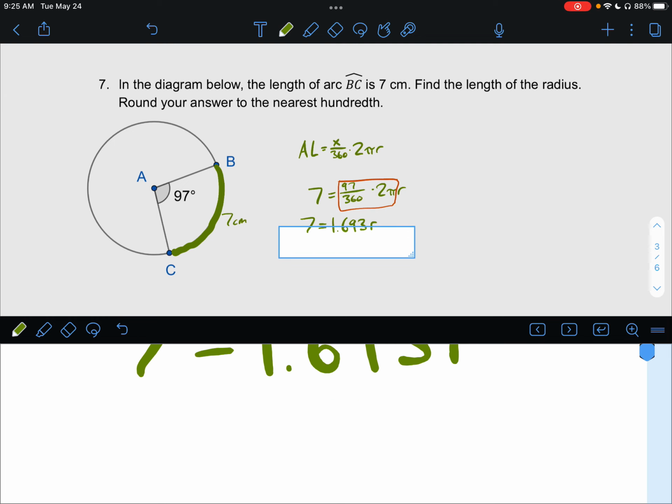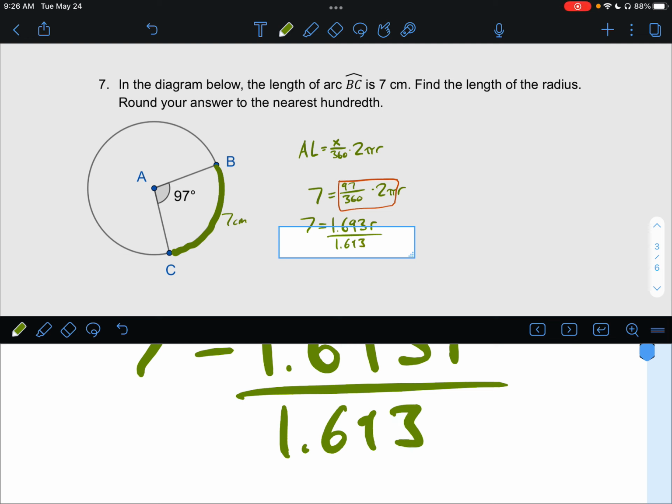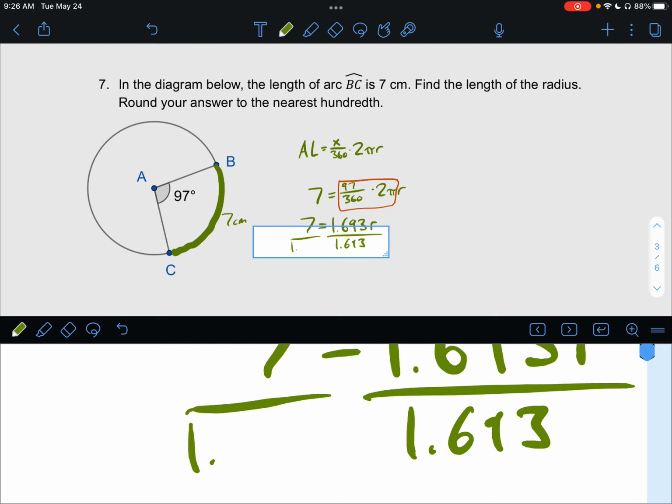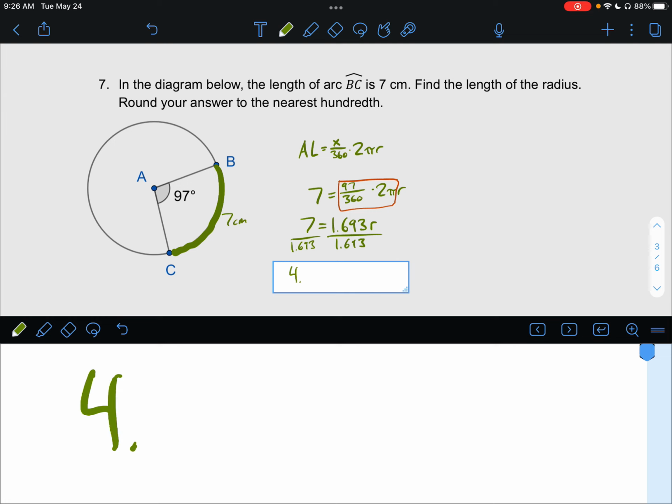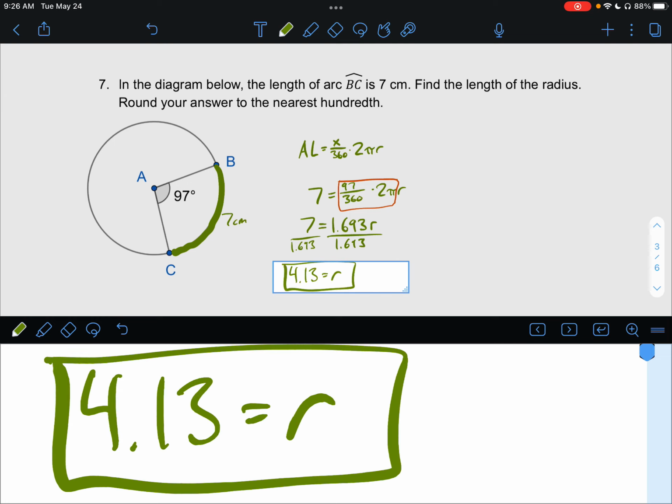Now, to get rid of that 1.693, just divide both sides by 1.693. 7 divided by 1.693 in my calculator is 4.13. And that's all we needed to find. That's our radius, 4.13.